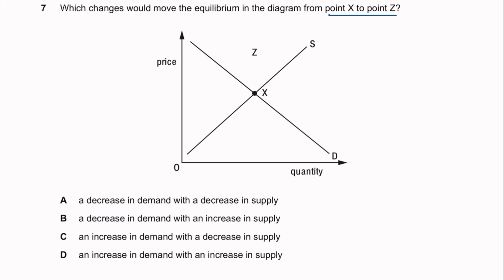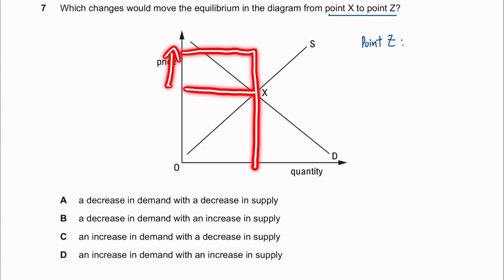First, let's see what happens from point X to point Z. Let's see point Z first. There is an increase of price from X to Z because X is here, but Z is here. So there has been an increase of price.